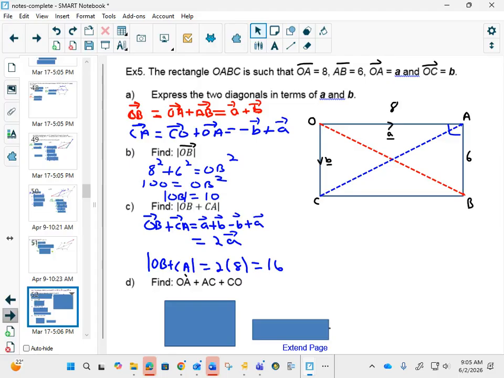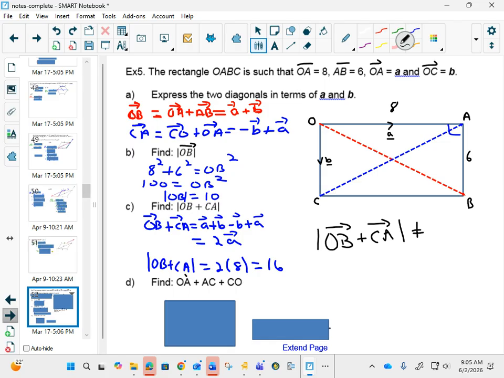So I guess what's important to see here is that this does not equal the length of OB plus the length of CA. Does that make sense? You can't figure out each of these. It is just equal to, in this case, yeah. We've done the math already.